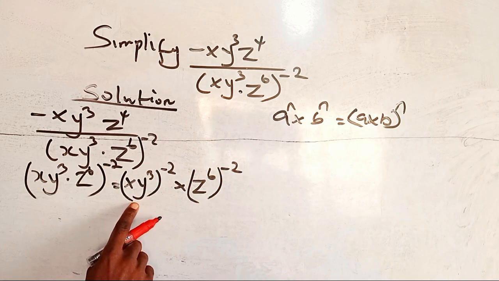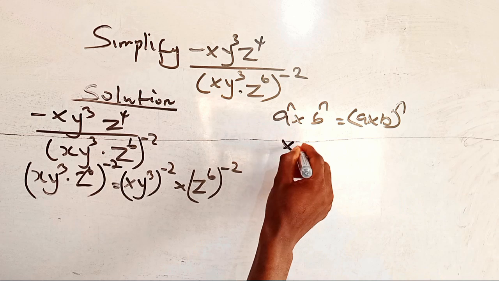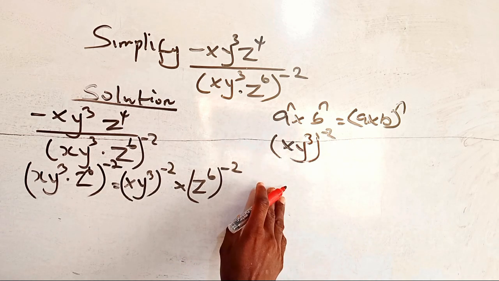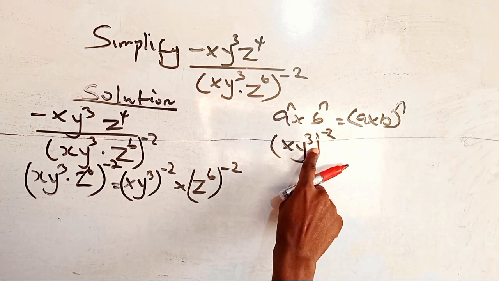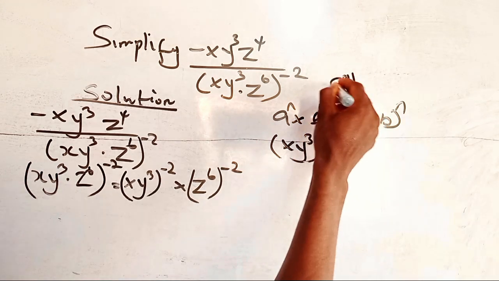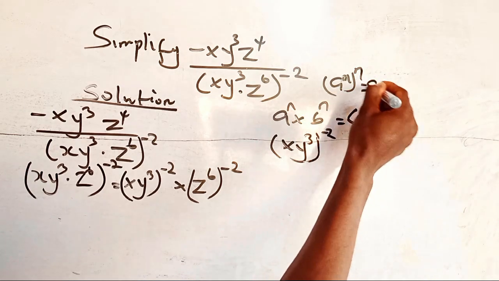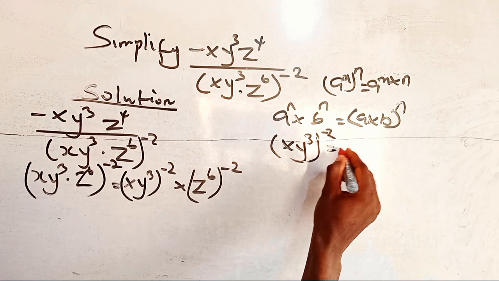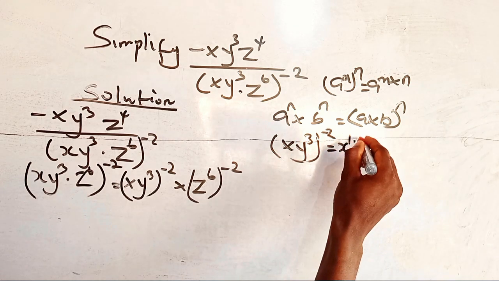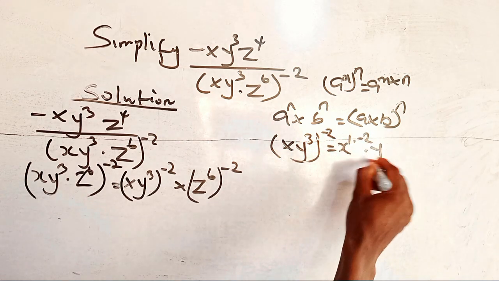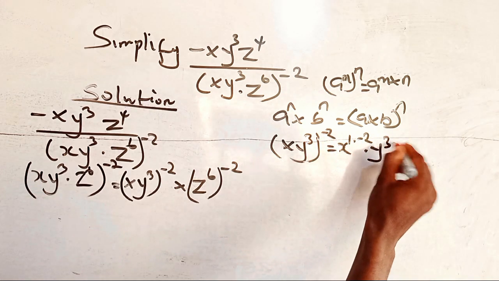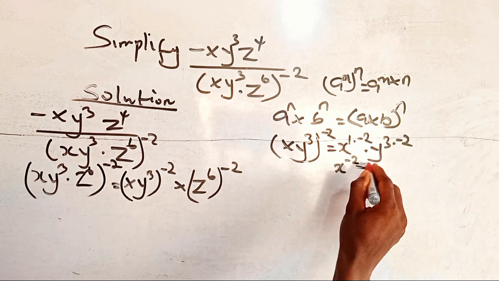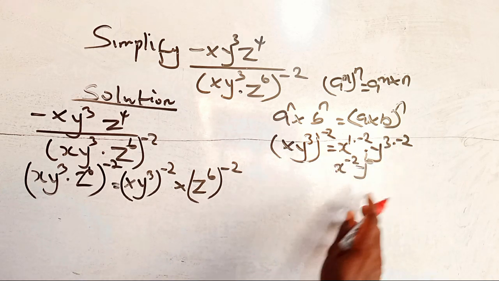So with x times y raised to the power 3 raised to the power minus 2, when we have something like this, we pick out the base and multiply the exponents. So we have x raised to the power 1 times minus 2, times y raised to the power 3 times minus 2, which gives us x raised to the power minus 2, y raised to the power minus 6.